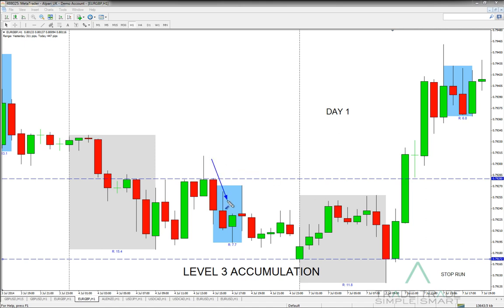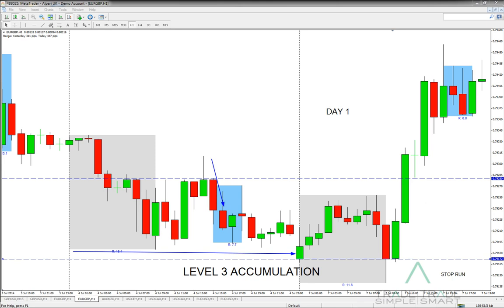But one thing to keep in mind is that level 3 accumulation would tend to take place over 2 to 3 days. Now, if we look at the accumulation process here, this all takes place within 1 day.